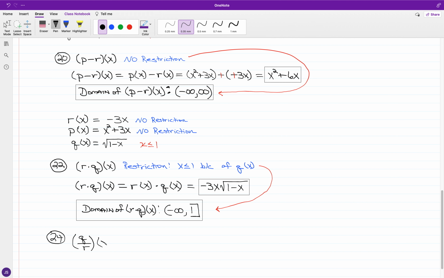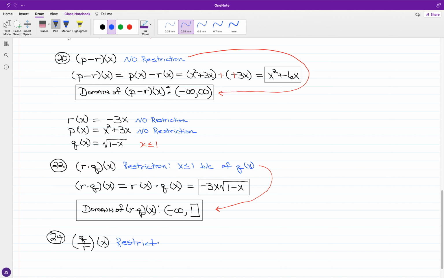Okay, so for q over r of x, we are involving q of x and r of x. Again, r of x has no restriction. Q of x, we have that x is less than or equal to 1. But now there might be an added restriction as we follow through with the division. So I'm just going to say that the restriction so far stems from what is imposed for q of x.